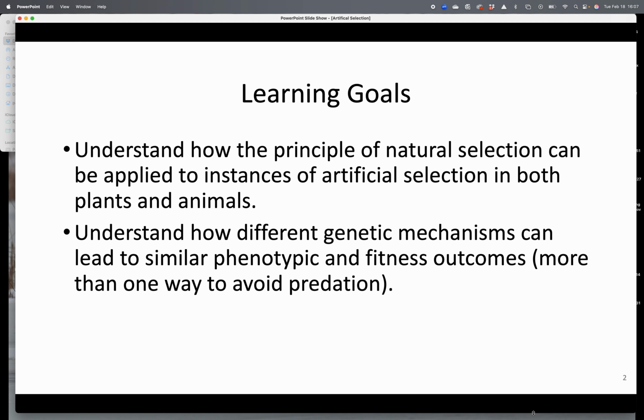I also want us to learn in this section how different genetic mechanisms can lead to similar phenotypic and fitness outcomes.